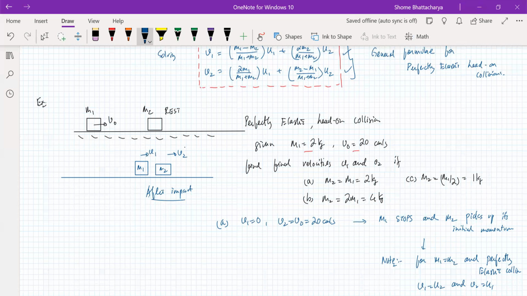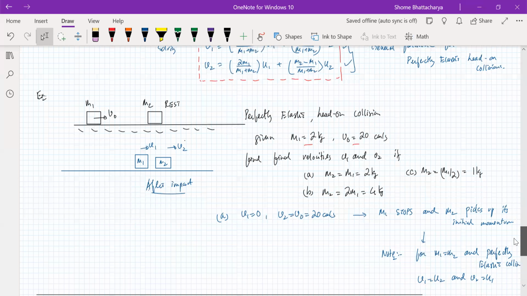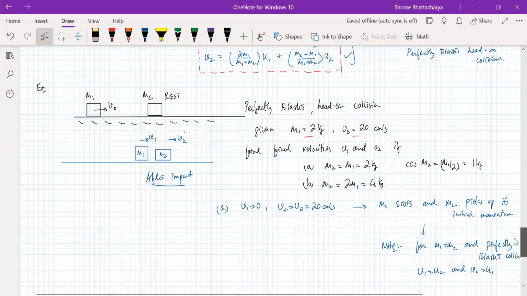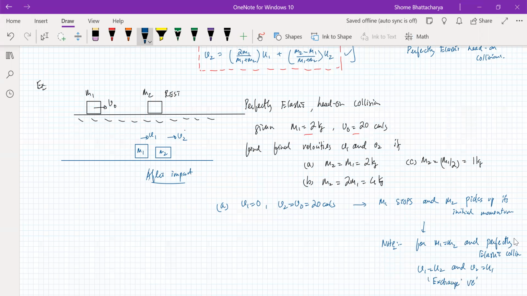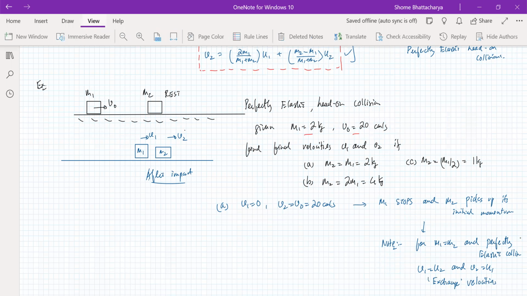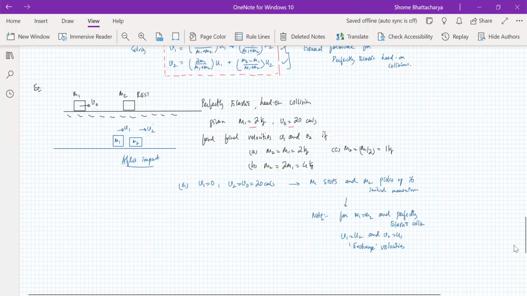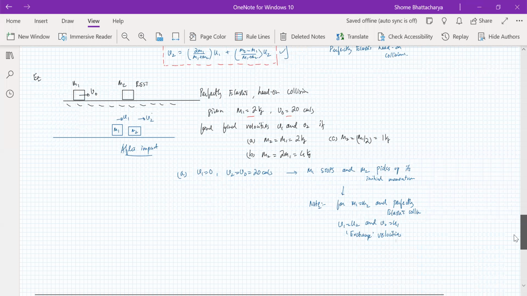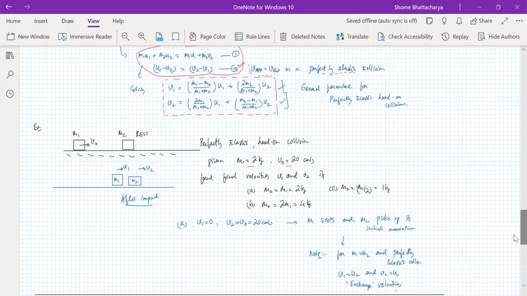So in this particular case, your U1 is V0 and your U2 is 0. That is why the first object comes to rest. They exchange velocities. So in this case, the first one stops and the second one starts moving at the original velocity of 20 centimeters per second. But that is only for this case when M1 is equal to M2. Now, when you substitute the B and C parts, you'll get different answers.